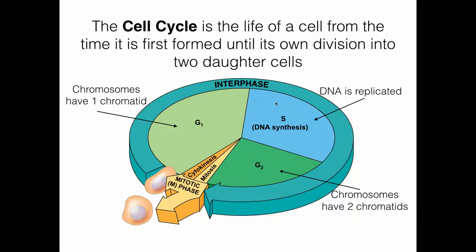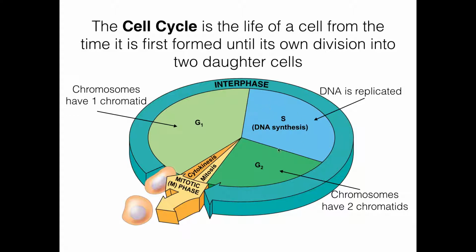However, the number of chromosomes stays the same. That's because this new DNA that's been replicated remains bound to the original chromosome at the centromere. So here, after S phase, after the DNA has been replicated, the chromosomes have two chromatids. They're that standard X-looking chromosome that you've probably seen many times.